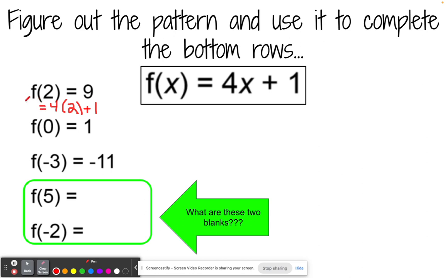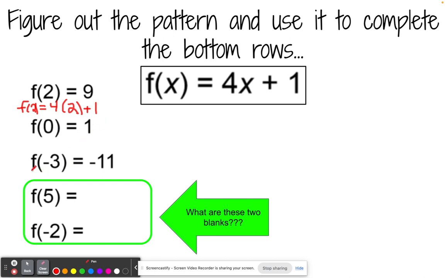So notice f of 2 is just what value you're going to try for x. We're going to do a 2 for x. So 4 times 2 is 8, plus 1 is 9. f of 0, again, I would just put a 0 here for x. And so 4 times 0 is 0, plus 1 is 1. That's where my f of 0 is 1.